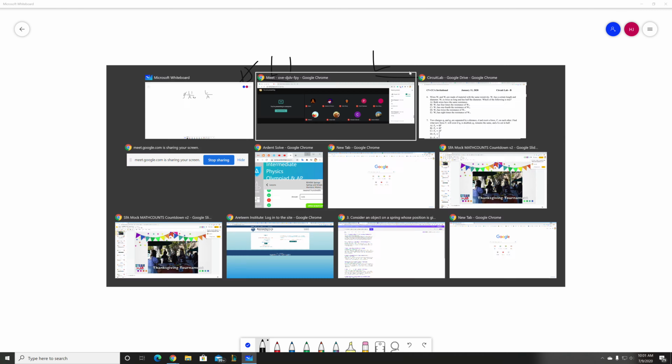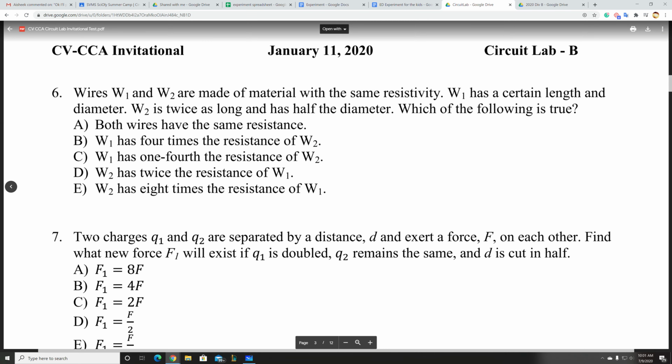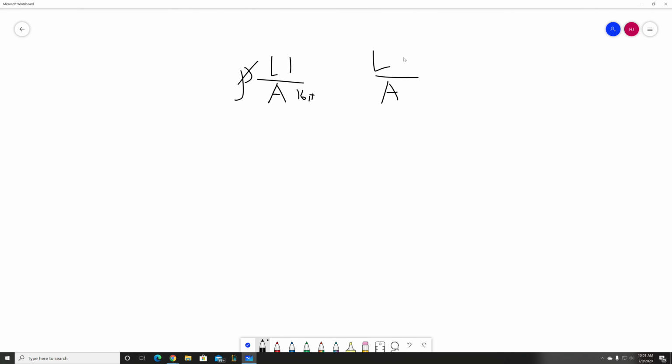In the other case, W2 is twice as long, so you could make this 2, and calculate 4 pi, 8 pi, 16, 4, 8, then 4, then 2. So this would just be 1/16.